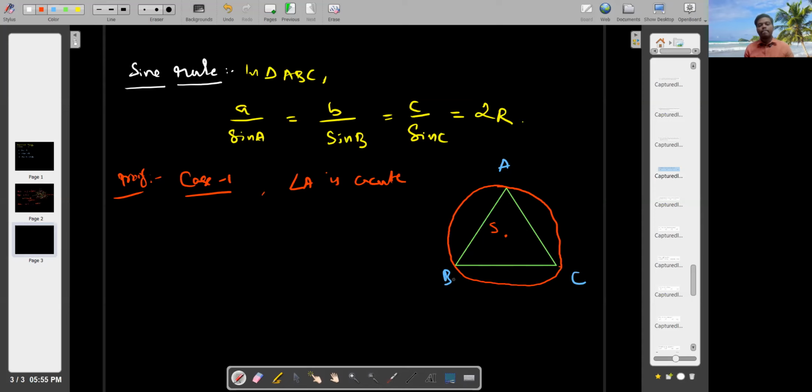Now, let us draw the diameter from B, which is passing through the S. So this is S, and this is D. Now join DC.